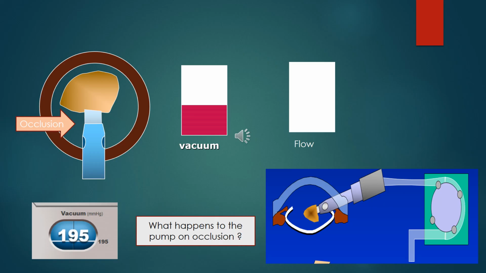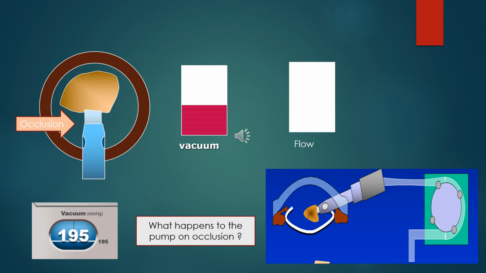What happens is that between this phaco tip and the pump, in this tubing and in this tip, you generate the vacuum. As you generate the vacuum, there will be no flow, but the pump will go on rotating. Vacuum will be generated till the preset level that you have set in the vacuum. In this case, it is 195. You can see at the far left corner, the vacuum has been set to 195.